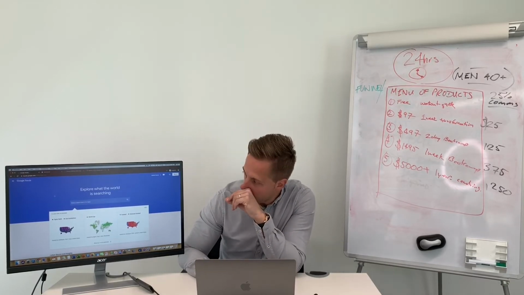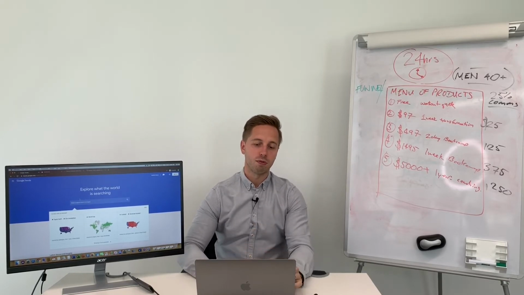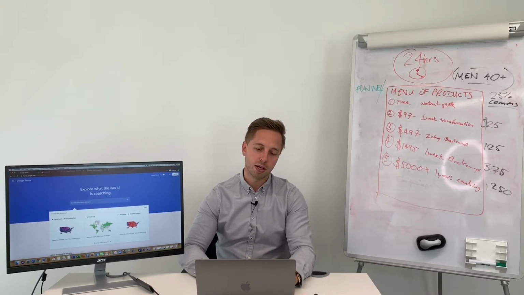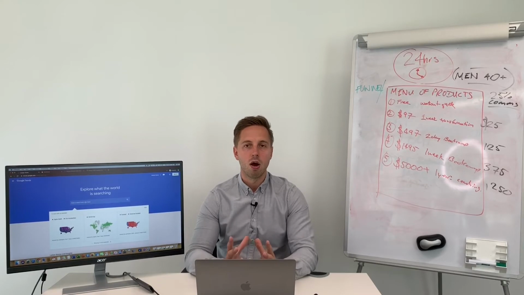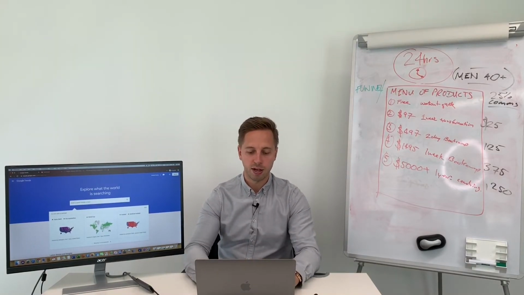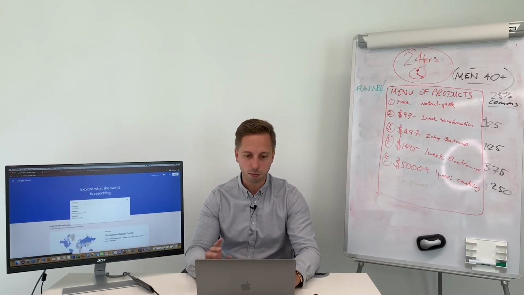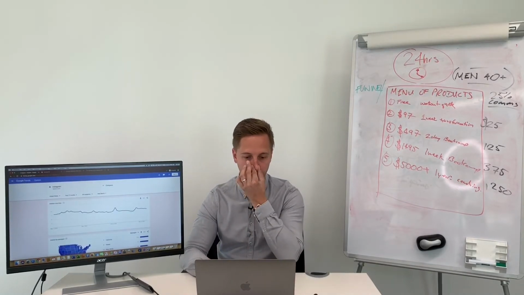So we've got here Google Trends, and this is a really, really powerful tool because how this works is it gives you an idea of a subject over a period of time. So for example, if I have an idea for an Instagram course, I'll type Instagram first, okay?